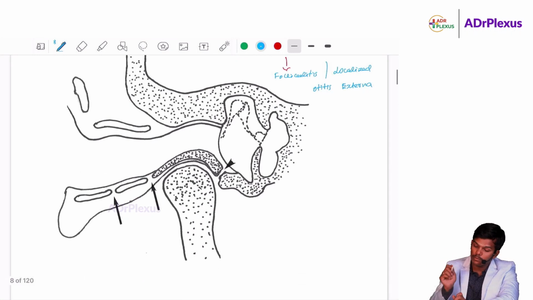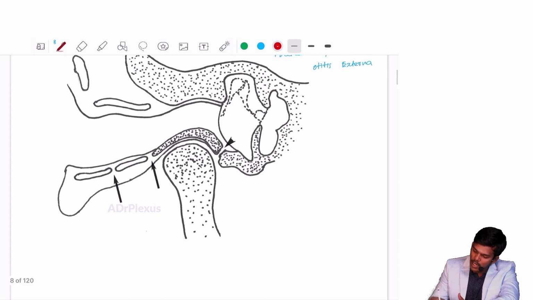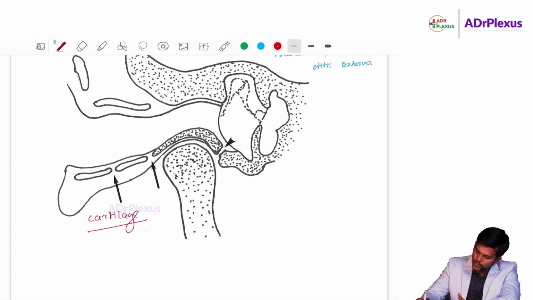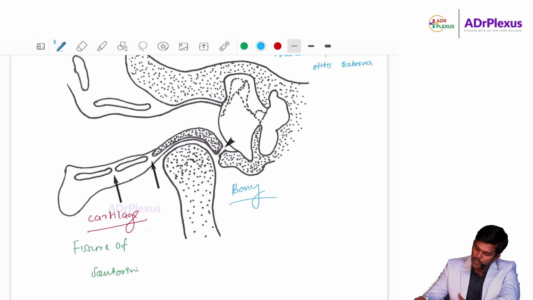Now we are going to deal with two important ones, fissure and foramen. The fissure that is present in the cartilaginous portion is fissure of Santorini. That which is present in the bony region is foramen of Huschke.